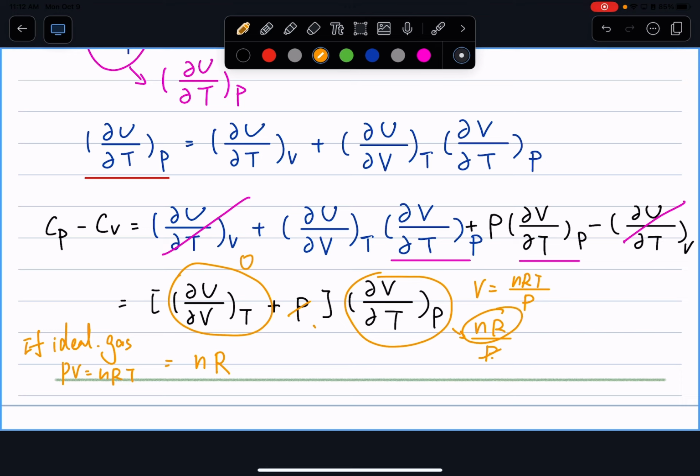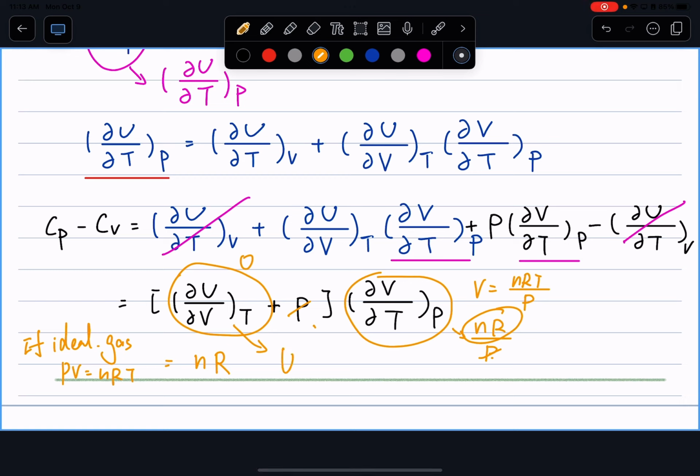Yes? Why was the partial derivative of U over V equal to 0? This one? Yes. First of all, for ideal gases, the internal energy is just dependent on temperature. Or more specifically, for monoatomic gases, we only have 3 degrees of freedom. So basically your gas molecule can move in X, Y, and Z, 3 different directions.